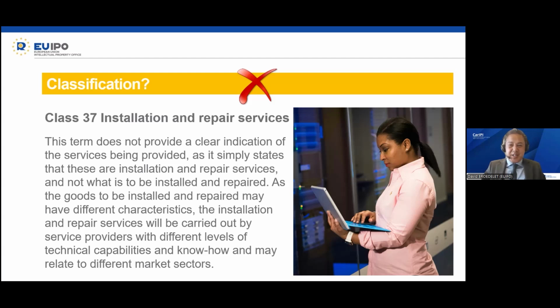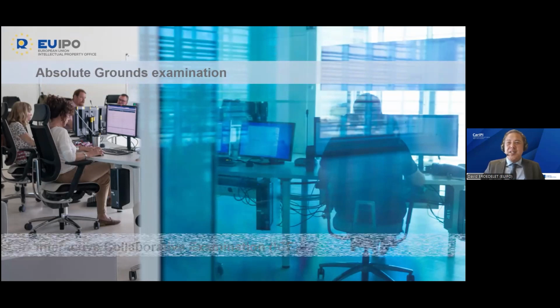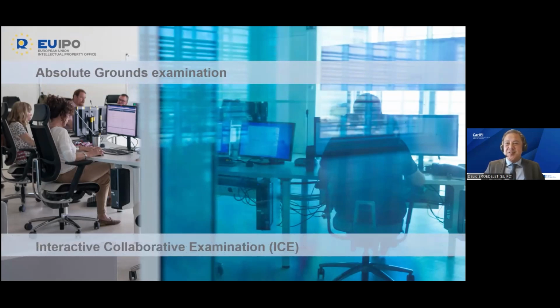Now this ends the part of the classification. I will now take you through the absolute grounds examination. This photo that you see are actually real colleagues of ours. They are in a room, and what they do is they perform an interactive, collaborative examination of absolute grounds.